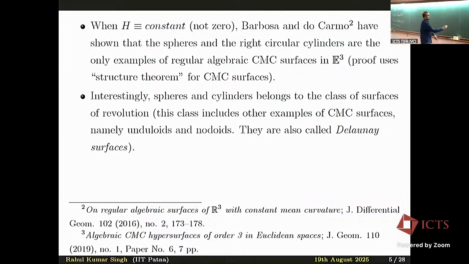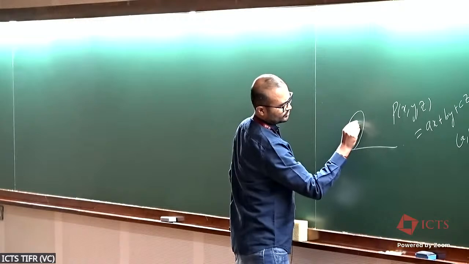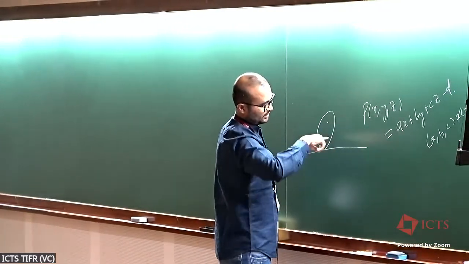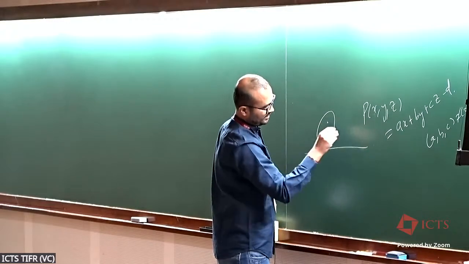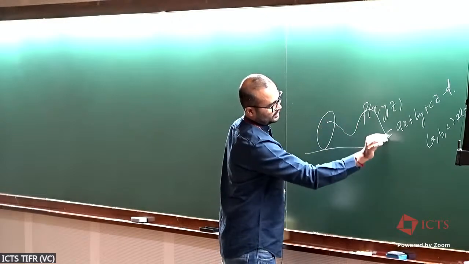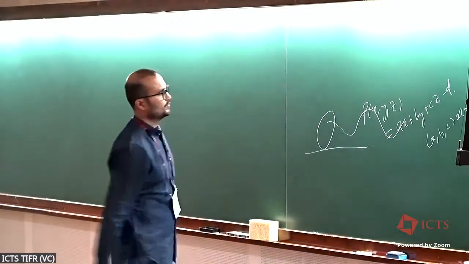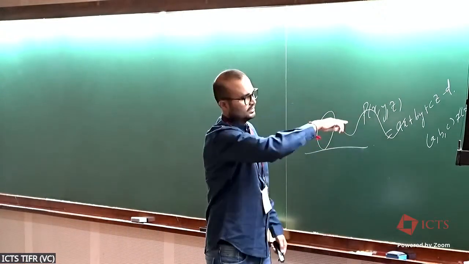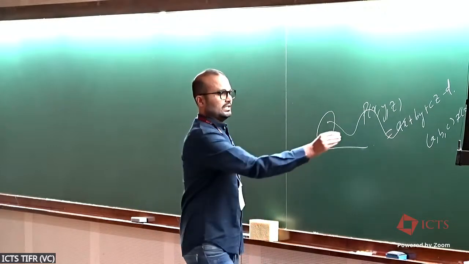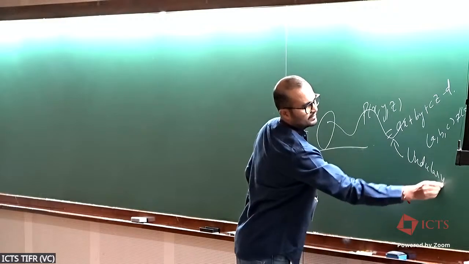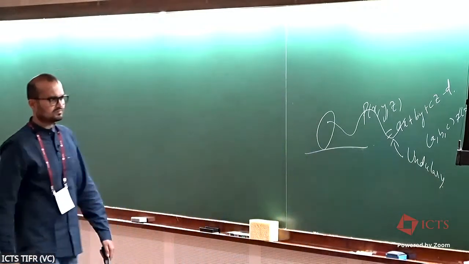So for example, you have a line, and you think of an ellipse like this, and you choose one focus, and you roll it without slipping, and then you look at the locus of this. If you follow this locus, some curve like this will appear, and this curve is what we call an undulary.